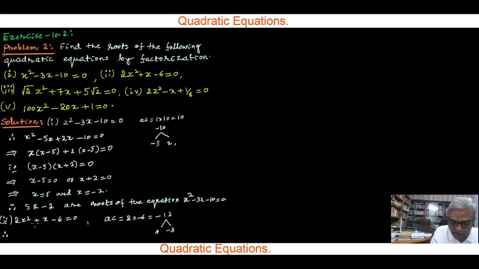Therefore, I would like to split the middle term as 2x square plus 4x minus 3x minus 6 is equal to 0.